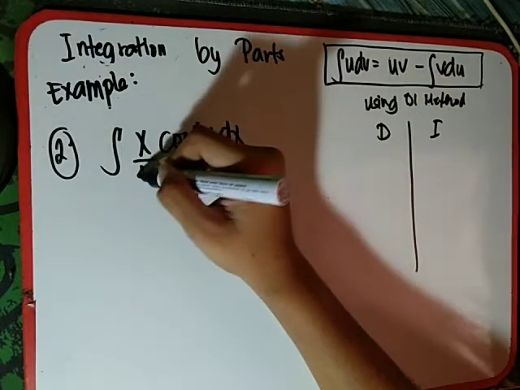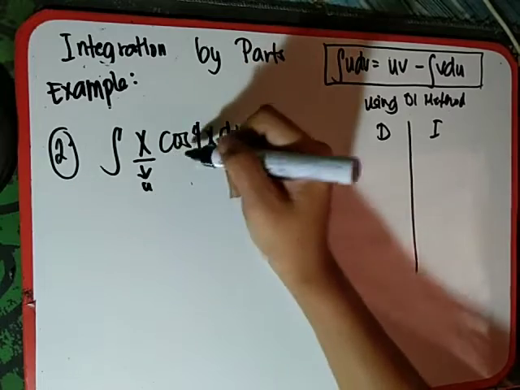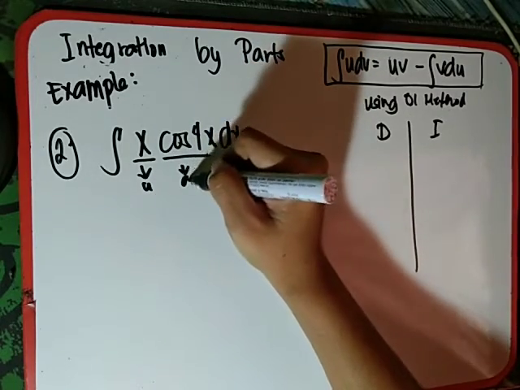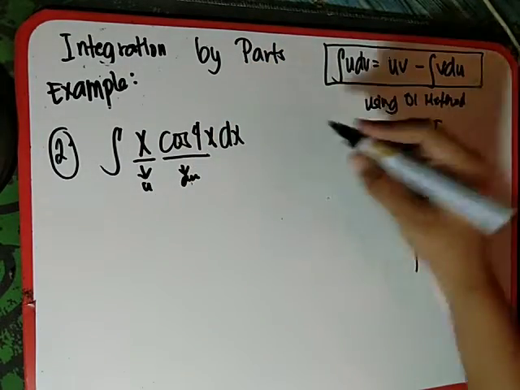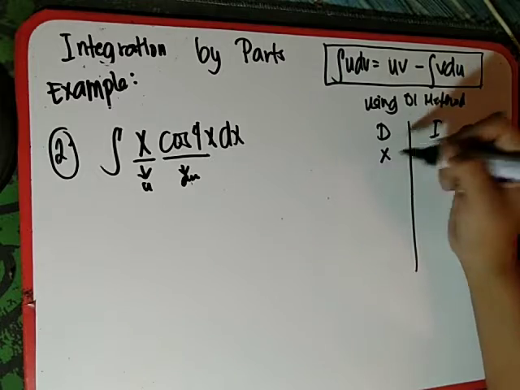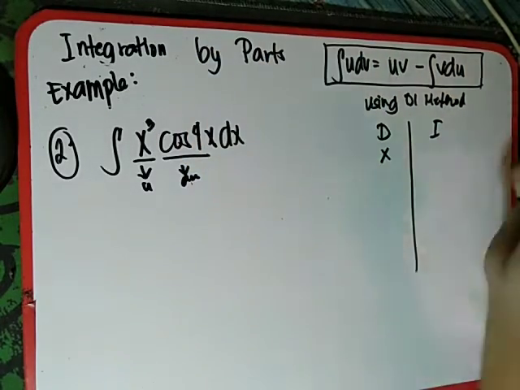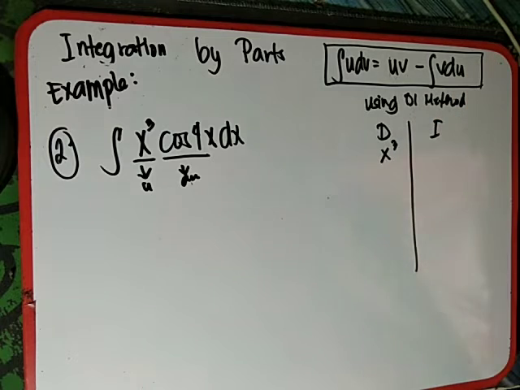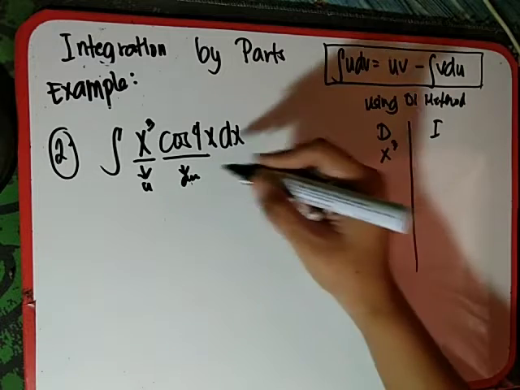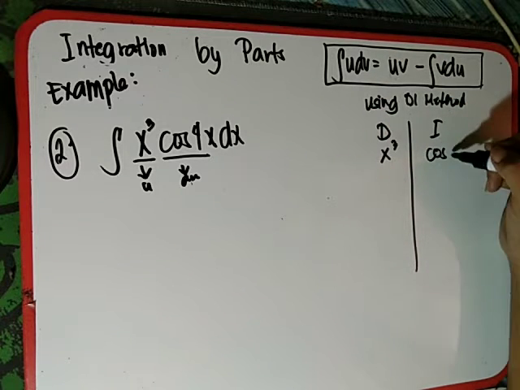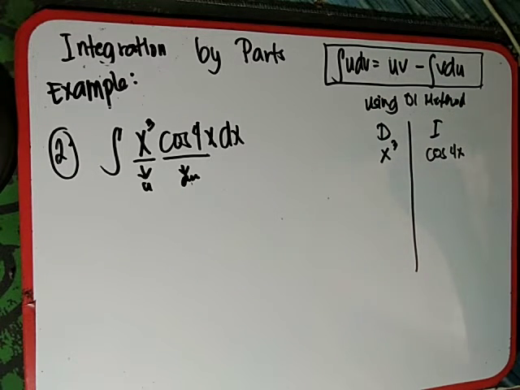So this is our u, this is our du. Our u is x. Sorry, this is x raised to 3. So we have x raised to 3, and the integral is cosine 4x.